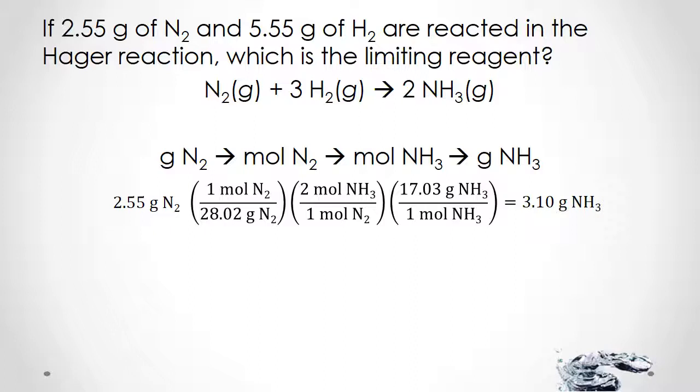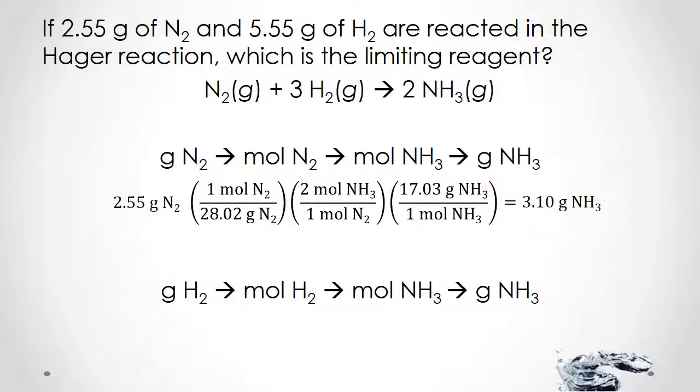So 2 moles of NH3 goes on top, 1 mole of N2 goes on the bottom. Last thing we've got to do is convert from moles of NH3 to grams of NH3, and that's going to be multiplying by 17.03 grams of NH3 per 1 mole of NH3. We end up making 3.10 grams of NH3 from the 2.55 grams of N2.